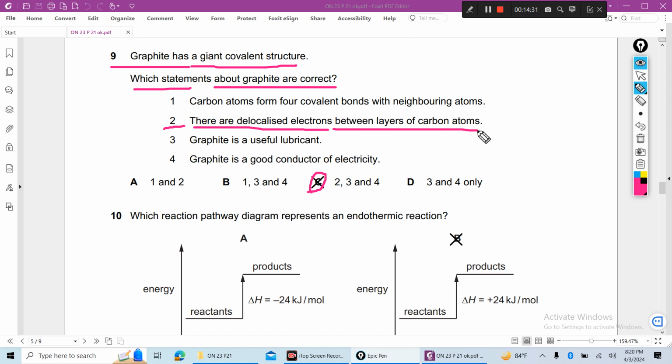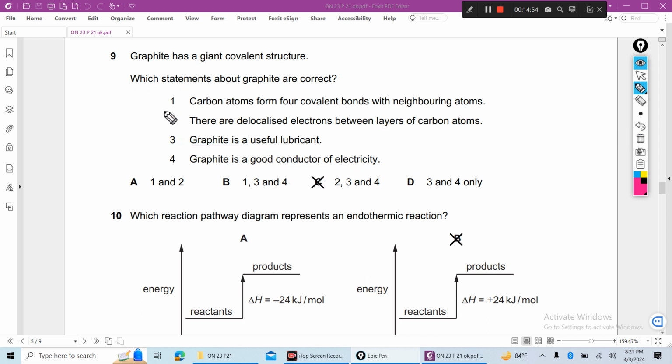Yes, there are free electrons between layers of carbon atoms because graphite has free electrons. And you know, graphite is a useful lubricant. And 4 is also correct. Graphite is a good conductor of electricity due to free electrons.